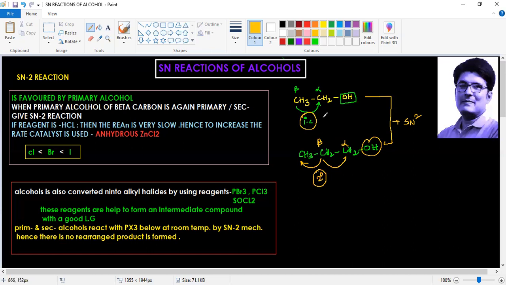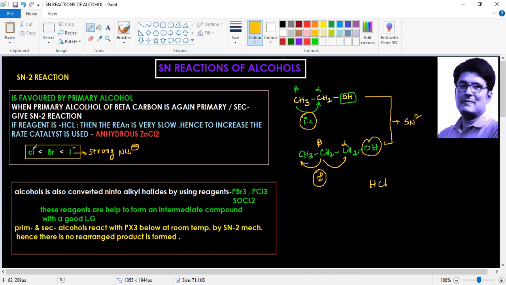Whenever this substrate reacts with HX, say we take HCl, we know that chlorine is a poor nucleophile. Nucleophilicity is higher for iodine, as we know. Iodide is a strong nucleophile, whereas Cl minus is a weak nucleophile.